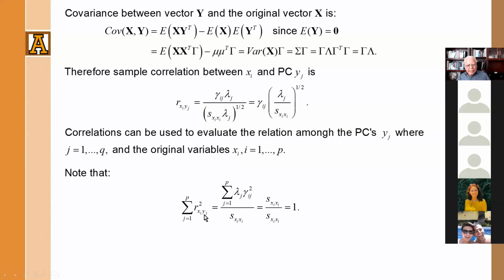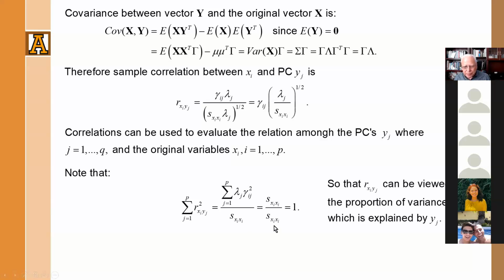And in fact, the sum of these correlations between xi and yj squared is equal to 1, because that sum is the sum of lambda j gamma ij squared over the variance. This is exactly the sample variance of the ith original variable. So the sum of these r squares, the correlations squared, is going to be equal to 1.